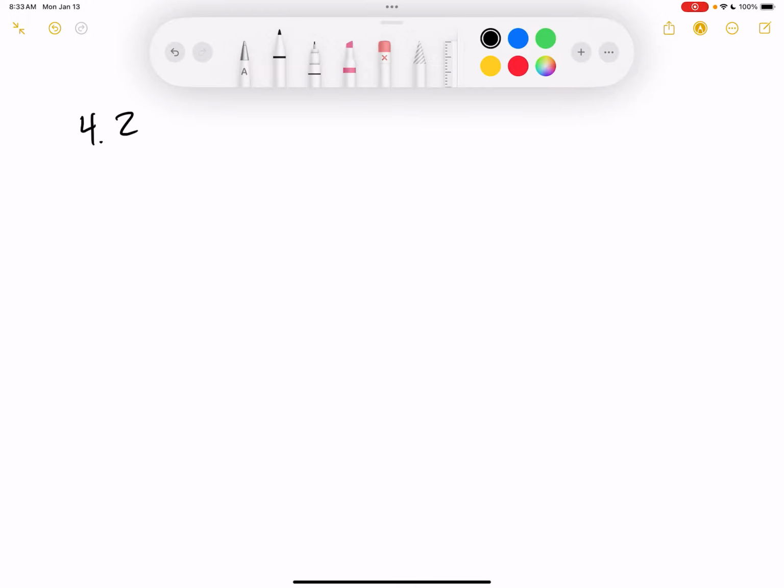All right, 4.2 exponential functions. So we're going to be doing just general properties of exponents and using them to graph some exponential functions.